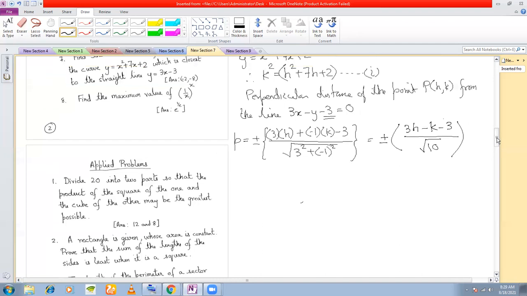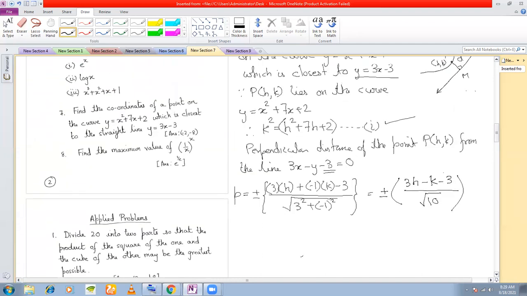We want to bring this relation down to one variable. So how will we do it? We use the relation between h and k to bring it down to one variable. Now, this is obviously not k squared, this is k. So we will use this one to bring this relation down to one variable. Instead of h and k, we should have only h. So what are we going to do?